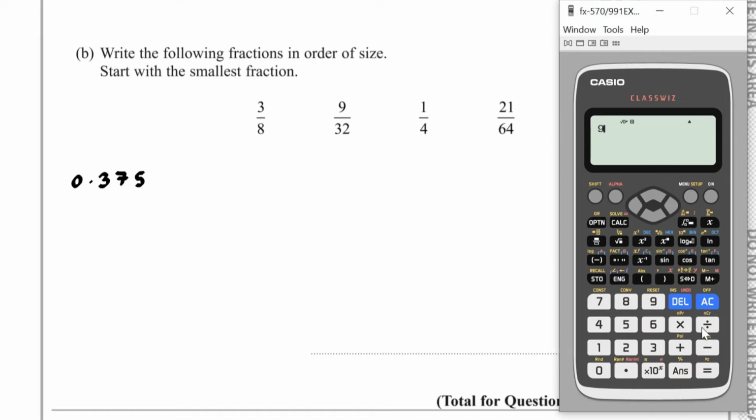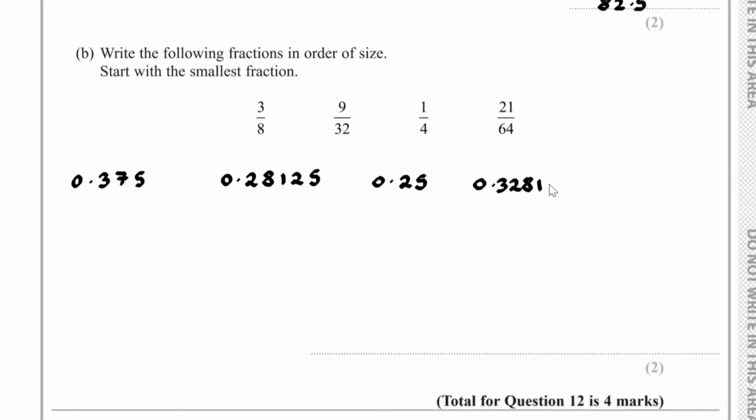If I work out 9/32 as a decimal, that is 0.28125. 1/4, that's 0.25. And 21 divided by 64, that is equal to 0.328125.